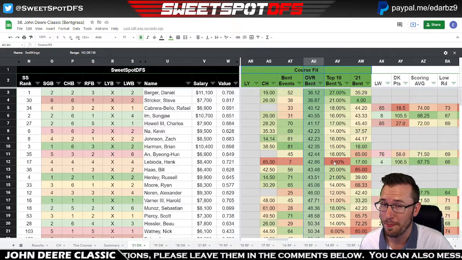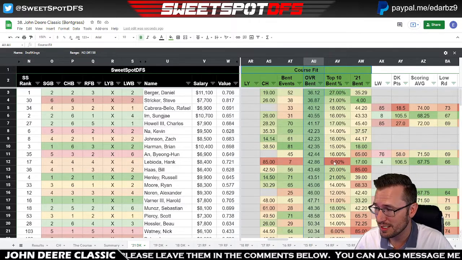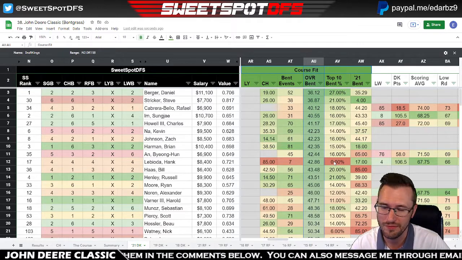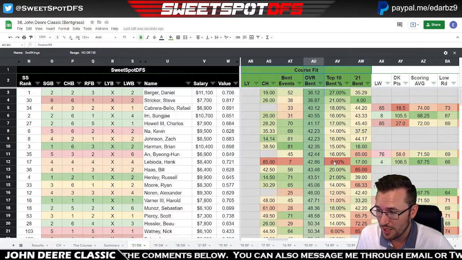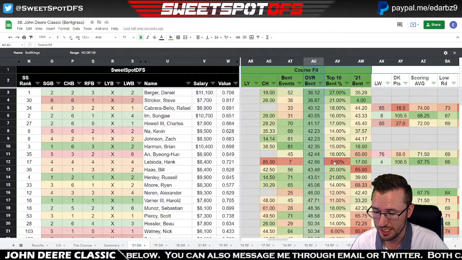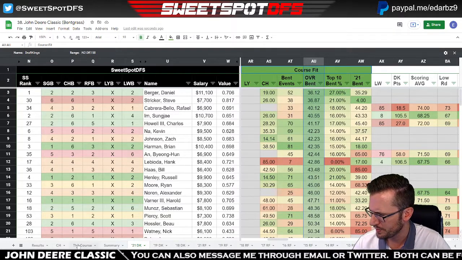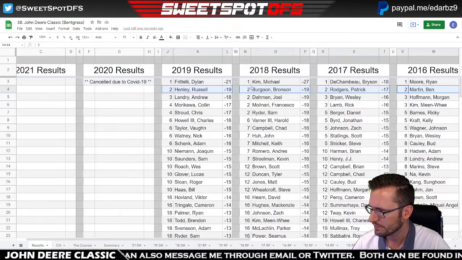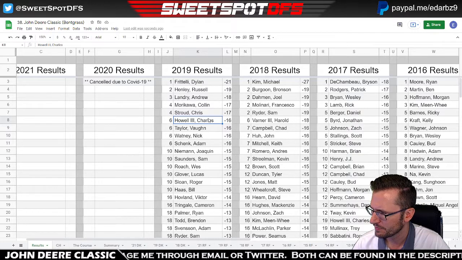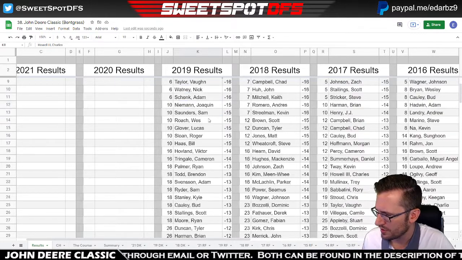Daniel Berger, and then there's Steve Stricker. This had been known as Steve's tournament for a while. It felt like, at least. He has done well here multiple times. And in 2019, I think he also did well. Let me take a look. Maybe not. Where are you at, Stricker?